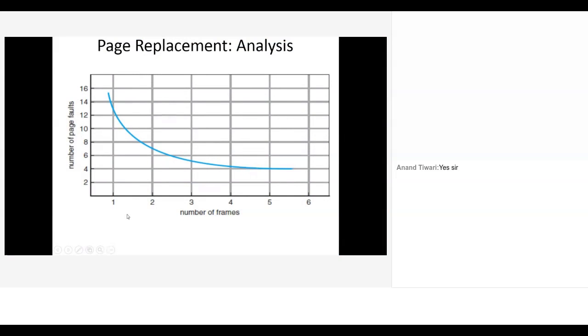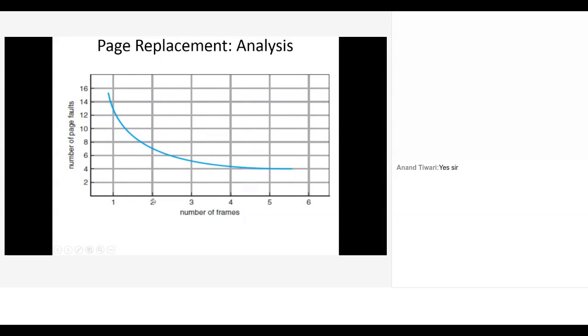Now, suppose you are having only one frame, then this graph is telling you that the page fault rate is 15. And if you are increasing the number of frames, meaning you are increasing your container, that means you can add more pages. If you are having 2 frames, then it is 7.